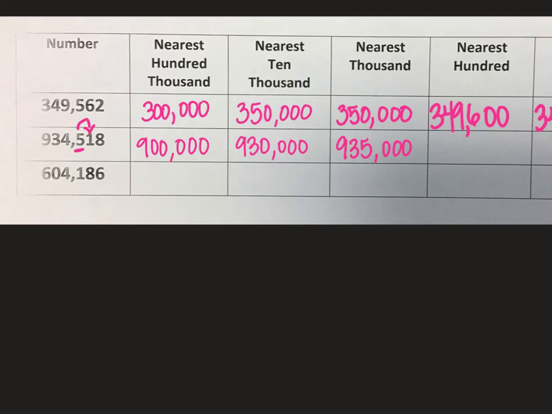So that 5 stays the same. Everything before it stays the same, right? So we're going to have 934,000. What happens after that 5? Zeros. So rounding to the nearest 100 would be 934,500.